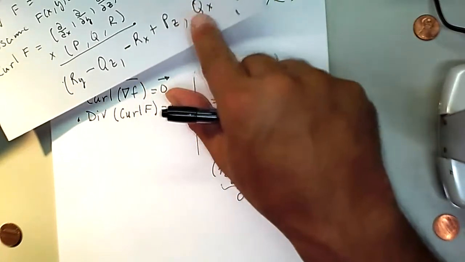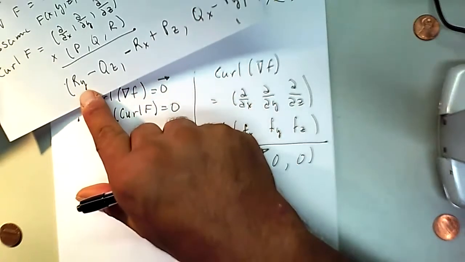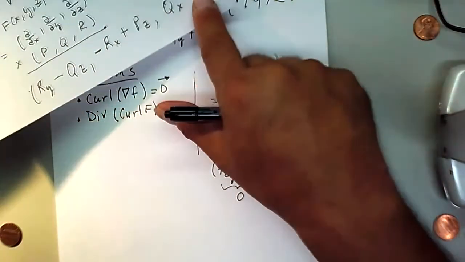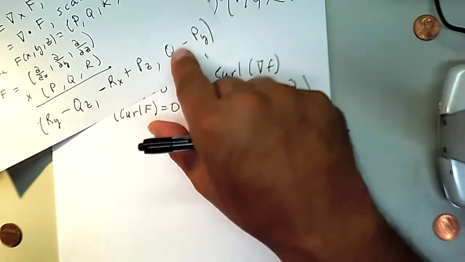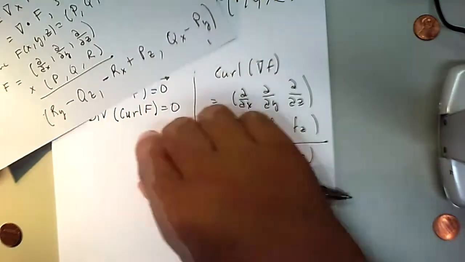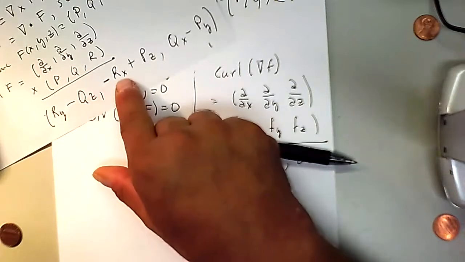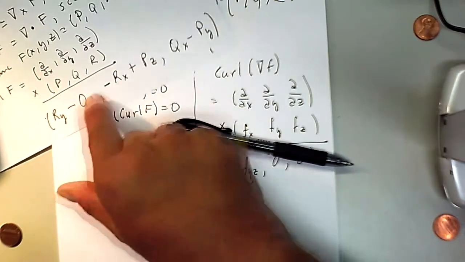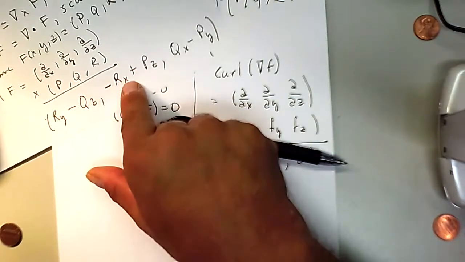This component, apply the derivative with respect to z. All right, so apply the derivative of x, apply the derivative of y to that, apply the derivative of z, but then we're going to add those three outputs that we obtain. Okay, so here we're going to end up with r sub xy, and here we're going to end up with r sub xy as well, because here we're going to apply the x, and here we're going to apply the y. One positive, one negative, they simplify down to 0.